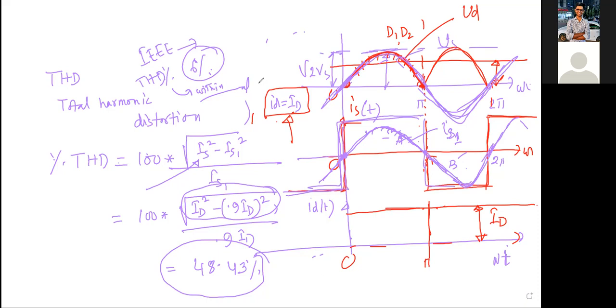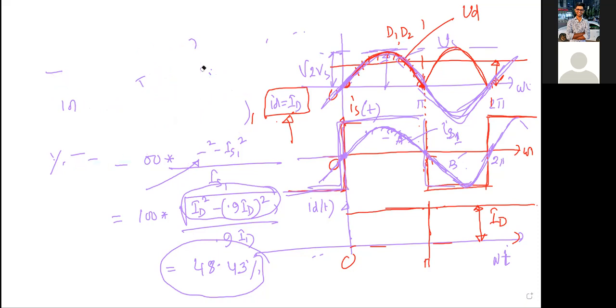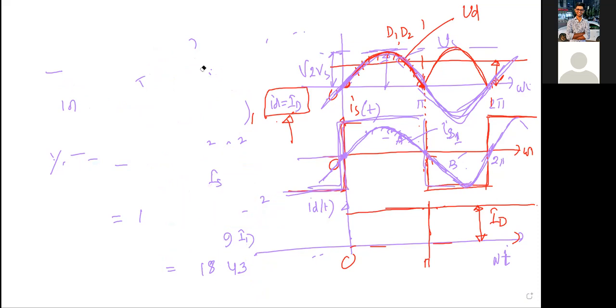And also we shall find another factor that is known as input power factor. You got my point? Input power factor. So current is now non-sinusoidal, so input power factor will not be 1. So how can we find out?